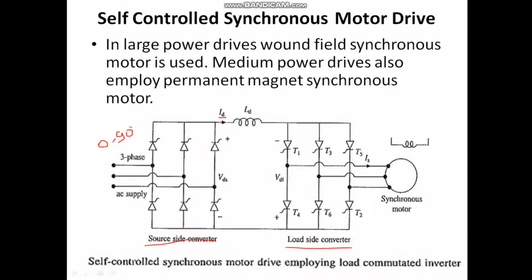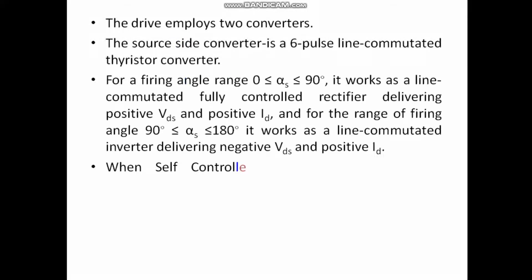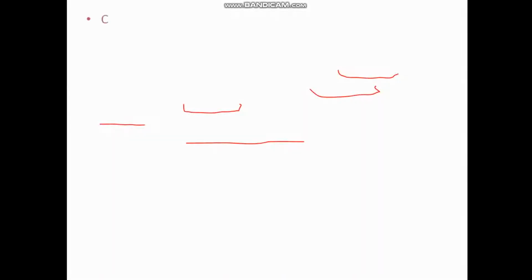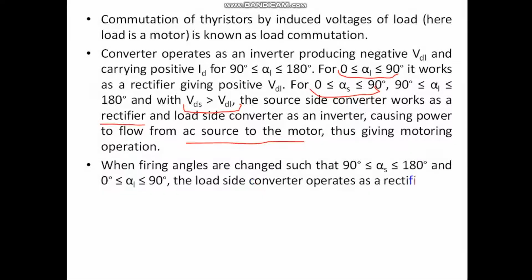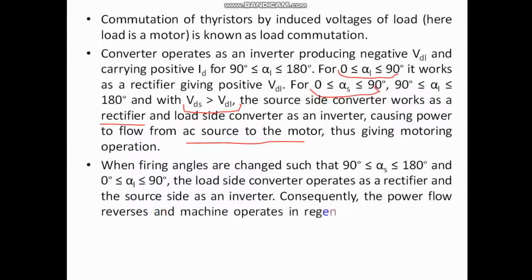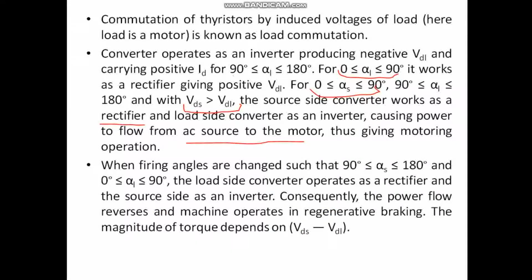When my firing angle is between 0 to 90 degrees, the source side converter acts as a rectifier and the load side acts as an inverter. The converter operates as an inverter producing negative VDL for the load firing angle AL of 90 degrees to 180 degrees.